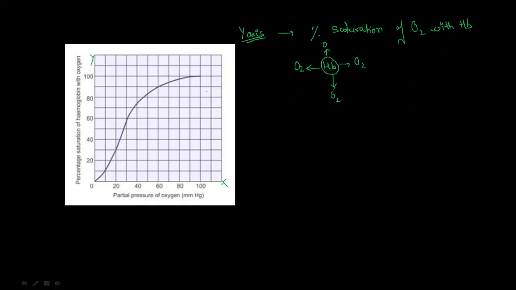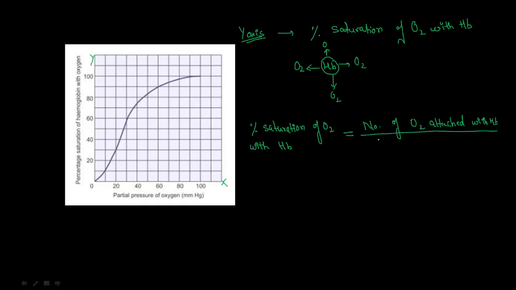So now, in order to make this graph simple, just remember a simple formula: percent saturation of oxygen with hemoglobin is equal to the number of oxygen molecules attached with hemoglobin, divided by the total number of oxygen molecules that can bind with hemoglobin.